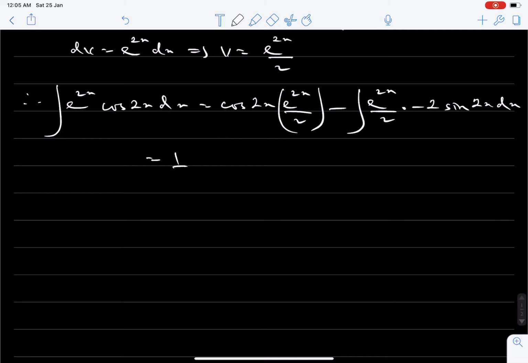And that means 1 over 2 cos 2x e raised to the power 2x, plus (2 here, 1 here) the integral of e raised to the power 2x sine 2x dx.